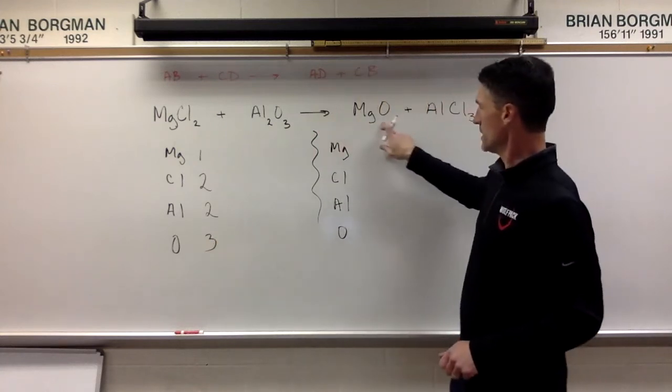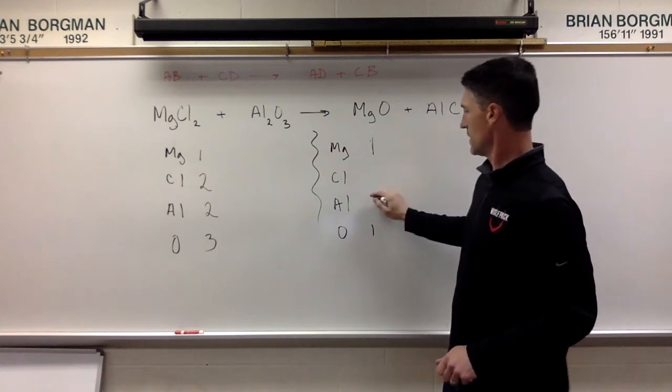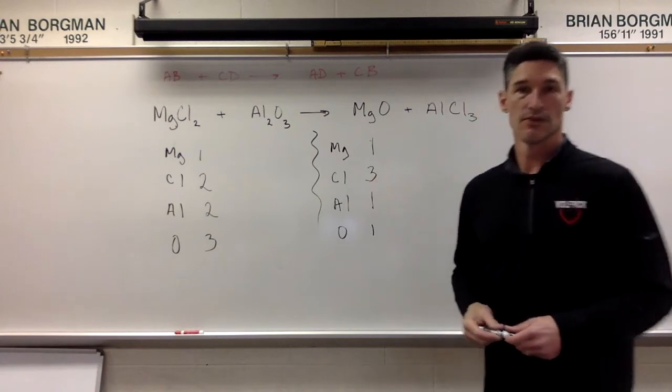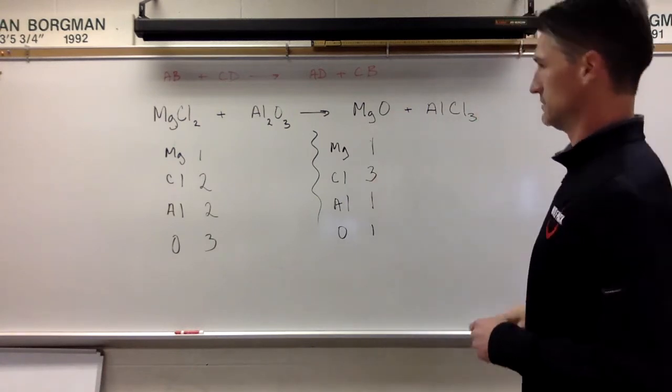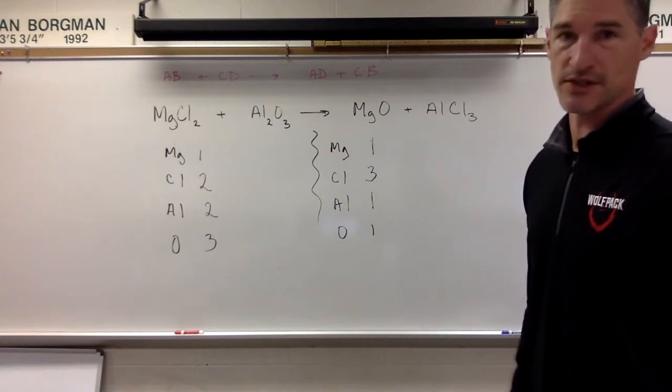Over here, I've got 1 magnesium, I've got 1 oxygen, I've got 1 aluminum, and I've got 3 chlorines. So at first glance, the only thing that looks good to me is magnesium. That's the only one. So we don't have to worry about fixing magnesium.